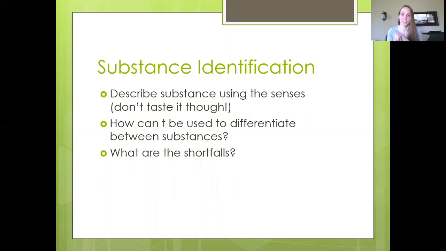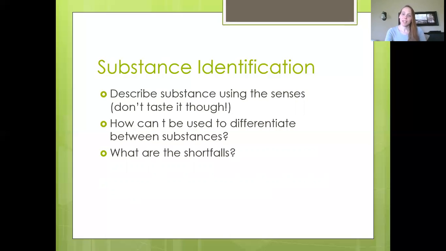You could do that in your kitchen or something to identify what kind of powder you were using, but that would be it. And same with touch. Touch is something you would want to be really careful about in a science lab or anywhere where you don't really know what kind of substances are around, if they could be dangerous or not. But obviously, in certain scenarios and in certain environments, it would be totally safe to touch something to identify it.